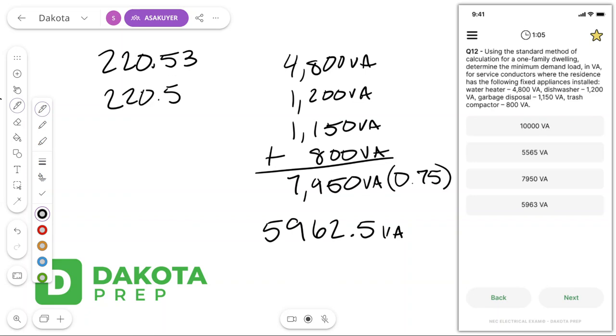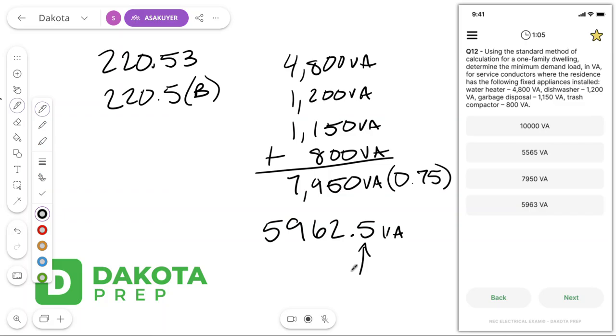And because of 220.5, I want to say it's 220.5, 1 or 2, A or B. Let's just look. Of course, 220.5B. We can round, right?